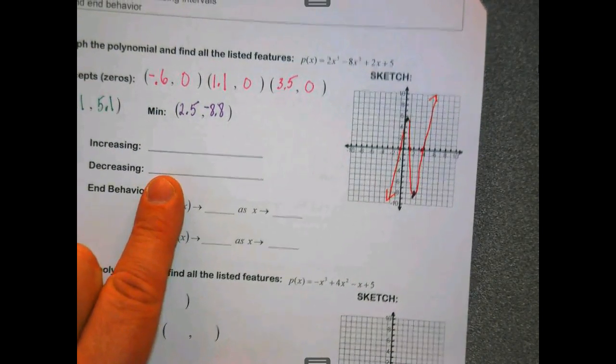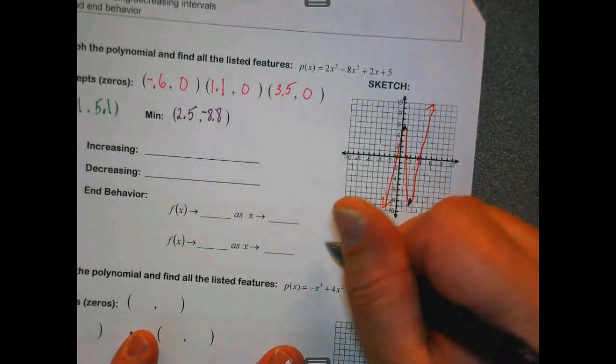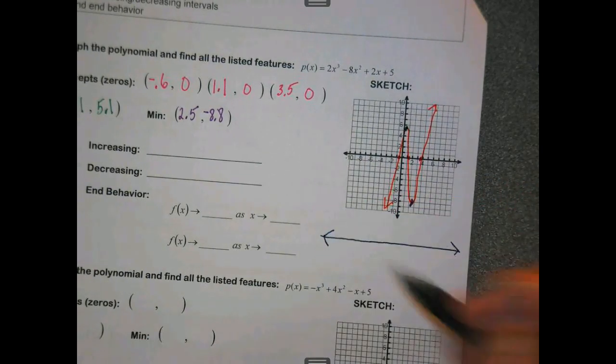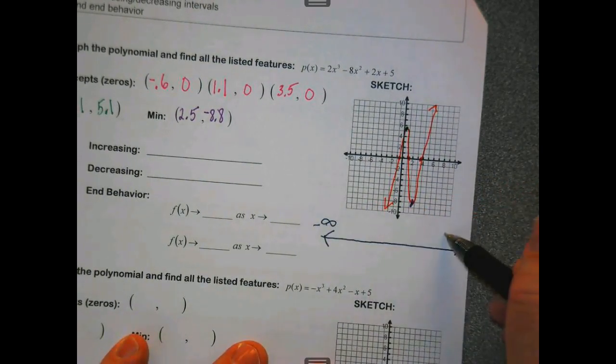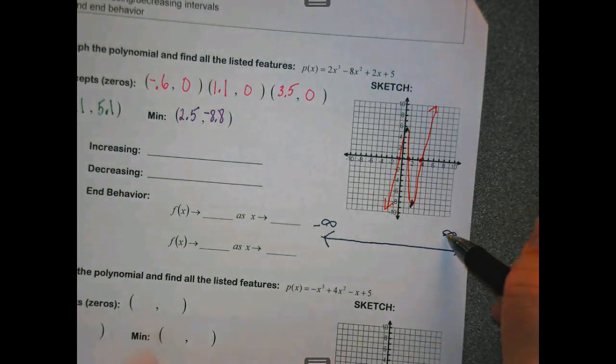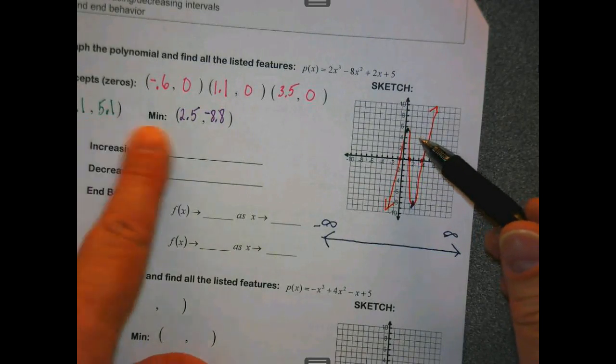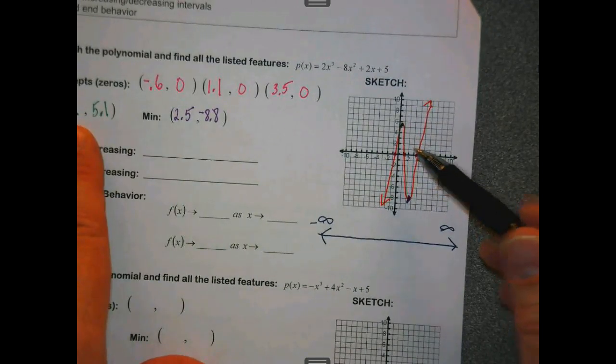Okay, increasing. This is where I'd like to make a number line for the x-axis, and I have my negative infinity, positive infinity, and I like putting my max and min numbers on there, the x values. That's all we need.